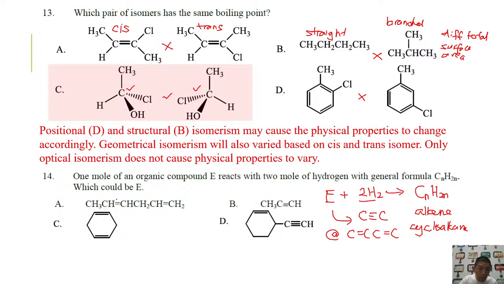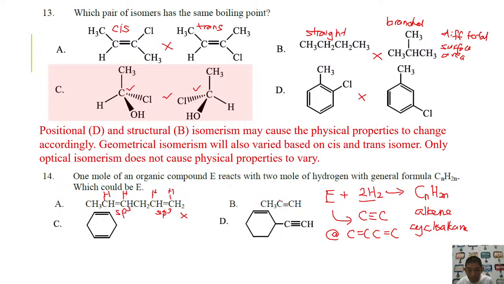So when you react with 2 hydrogen, all of them become sp3 hybridized. So it will become alkane in other words. It will not be cycloalkane or alkene. So A is wrong.